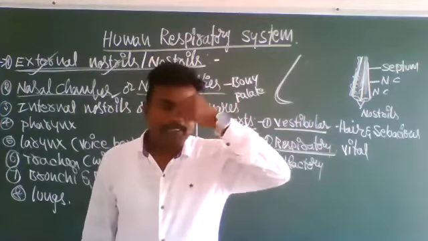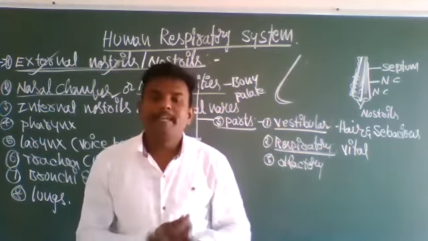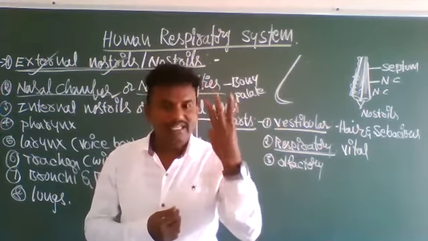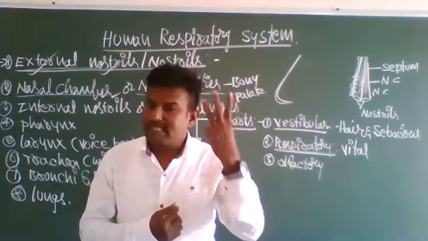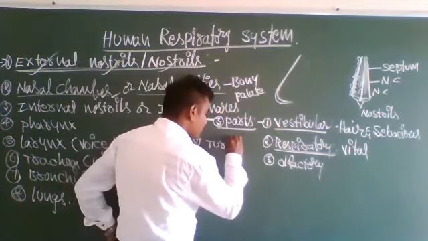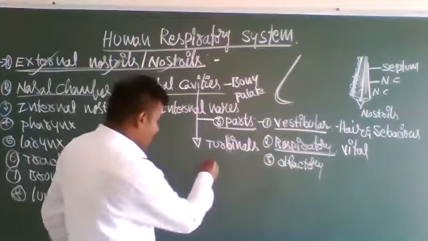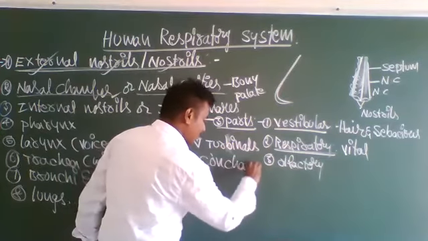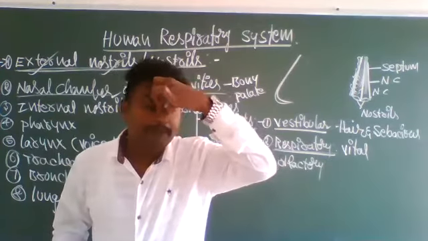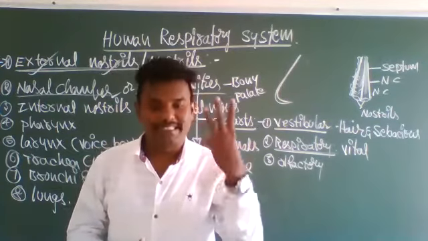Next, the respiratory part, only in this region. The respiratory part consists of three thin twisted bones.